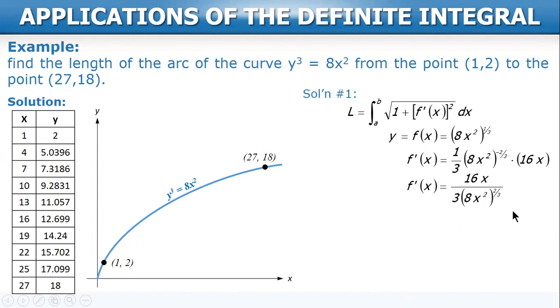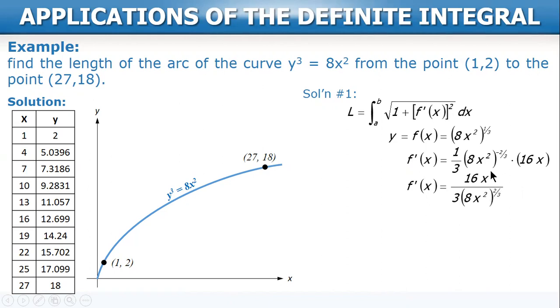To simplify, 8 raised to 2/3 is 4. Times 3, you have 12. So 16 over 12, that's 4/3. For x, 2 times 2/3 is 4/3.